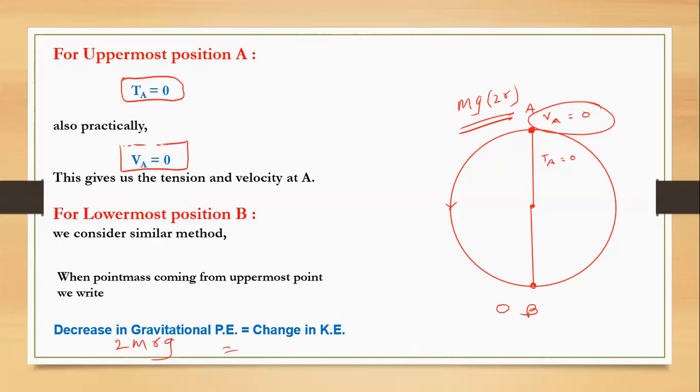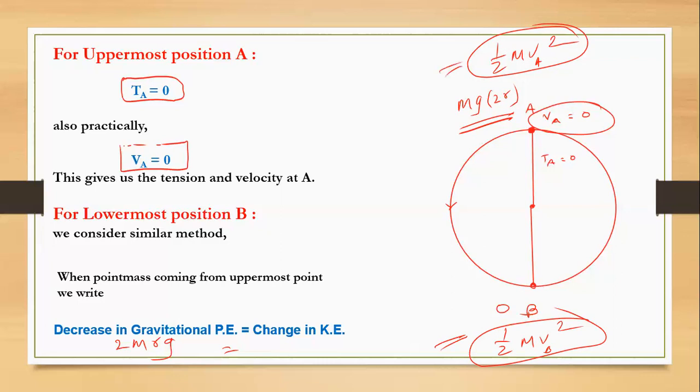And kinetic energy: at point A, kinetic energy is half m va square. At point B, it is half m vb square. Change in kinetic energy means half m vb square minus half m va square.